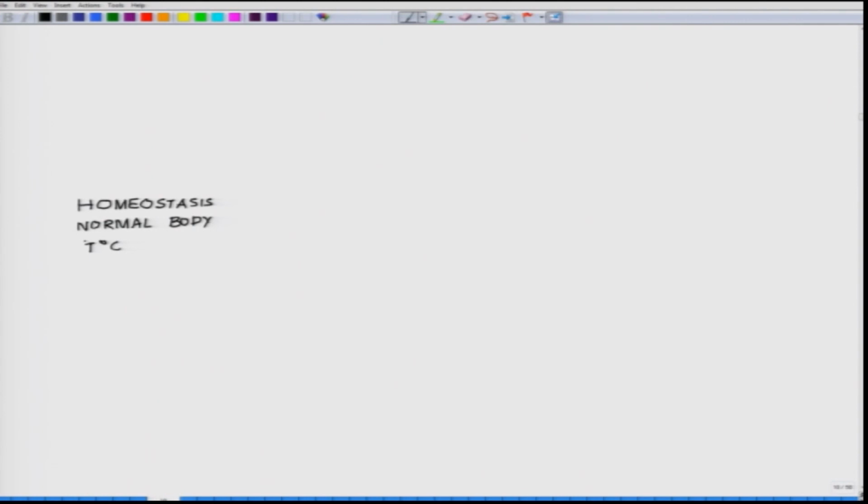Okay. So, now this normalcy is being disturbed. Say for example, normal body temperature disturbed. It could be any reason. Now, let us assume that you are running, and the normal body temperature is disturbed.